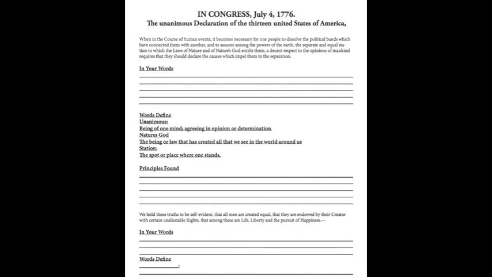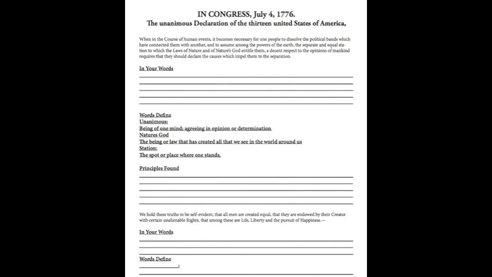So what we're reading is a statement of unanimity presented by the states of America, because at this point they weren't the United States yet. So let's keep reading and see what exactly is in this declaration.